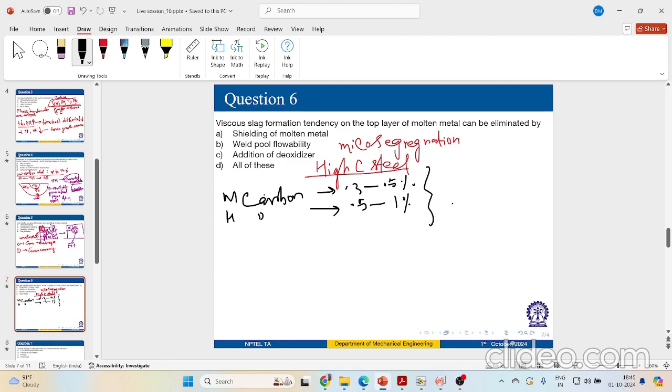Let's say your base metal has some ferrite-pearlite colonies. Now we are talking about a much higher carbon percent, so the volume fraction of pearlite will be significantly higher in medium or high carbon steel compared to low carbon steel.